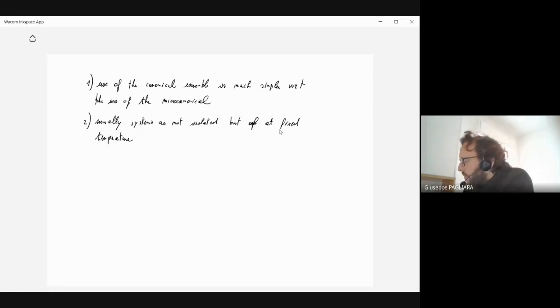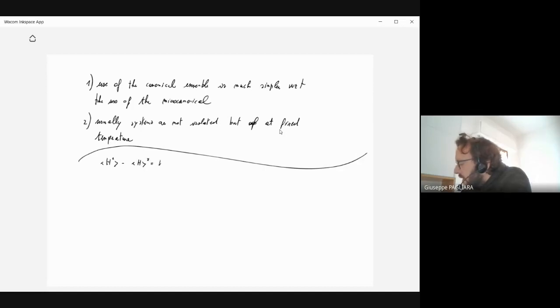Let me add another comment about these fluctuations. So we said that h squared average minus the average h squared is equal to k_B T squared C_V. This is what we derived before. Now, another way to compute these fluctuations is the following. It is actually equal to the second derivative with respect to beta of the log of Z_C.